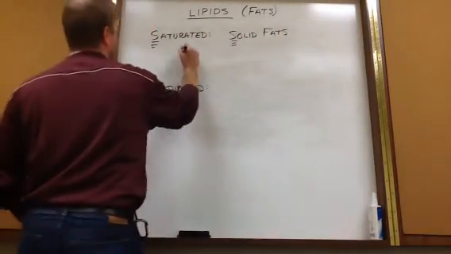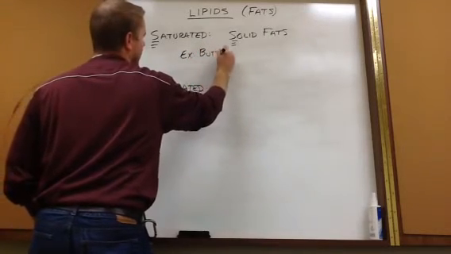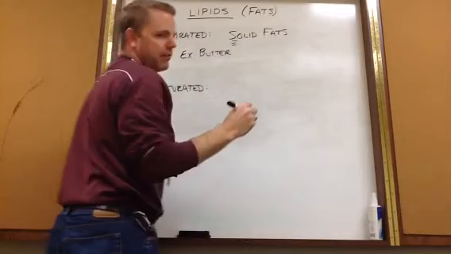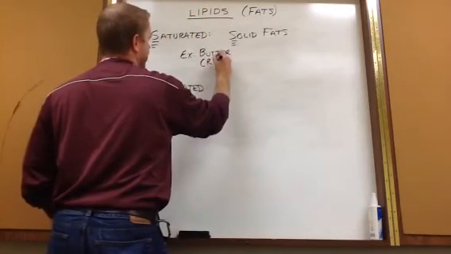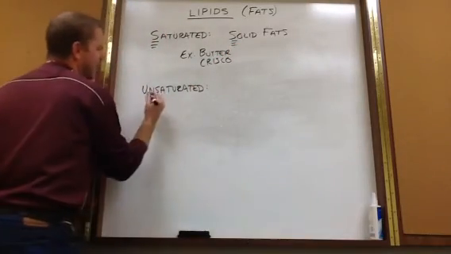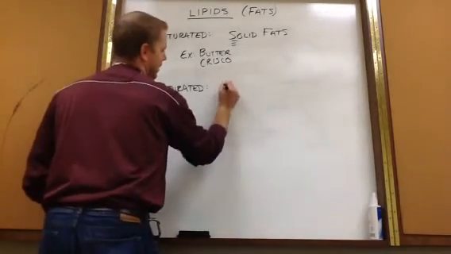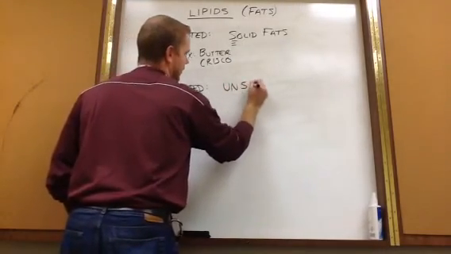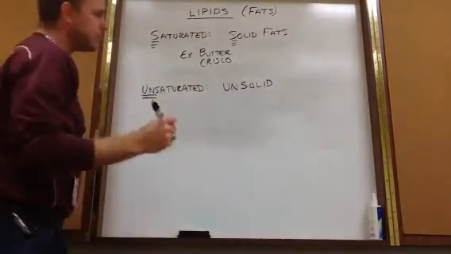And so I'll give you a couple examples of this. Butter is a good example, right, of a lipid here. You know what another one that you could think of would be, like Crisco, if you've ever baked with that. Right? So these are solid fats. Now, when I think of unsaturated, I see this un-S. And so what does that mean? I know it's a weird word, right? And it probably doesn't even exist. It means it's unsolid, meaning they're liquids.